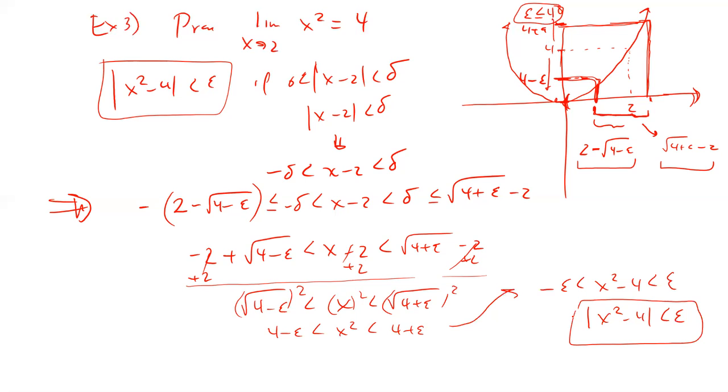Okay, so then let's see how we do the logic here. We said, look, if you give me an epsilon, I give you a delta. And I said, okay, that's fine, as long as we look at very small values of epsilon. Anything less than 4, that's cool. If it's greater than 4, then it's too big. I can pick it for you.